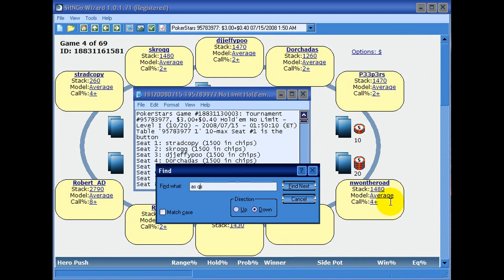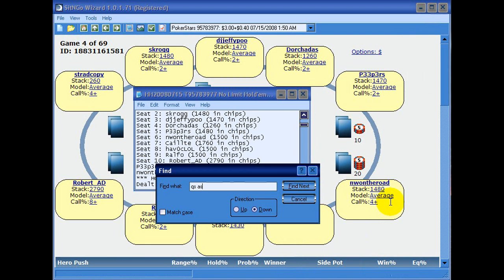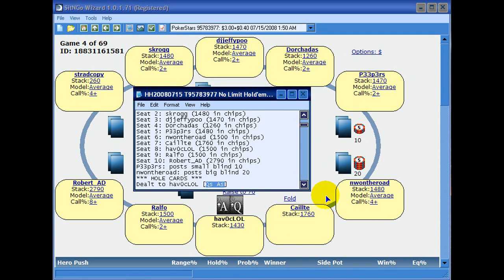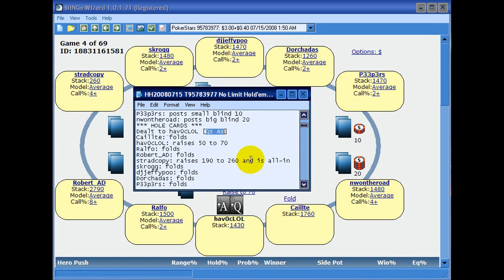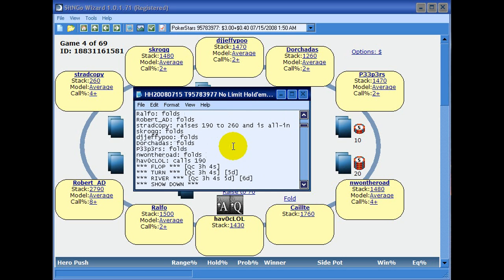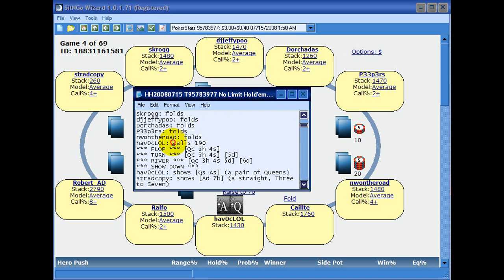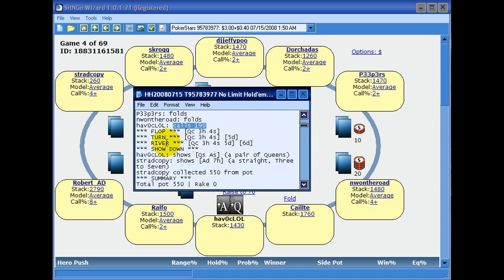PokerStars just randomly does it, so if it doesn't work, just try the other way around. So we raised to 270, and a short stack re-raises us, and of course I call. He has a7 offsuit and he sucks out, which is just unfortunate. We got it in good, and that's what counts.